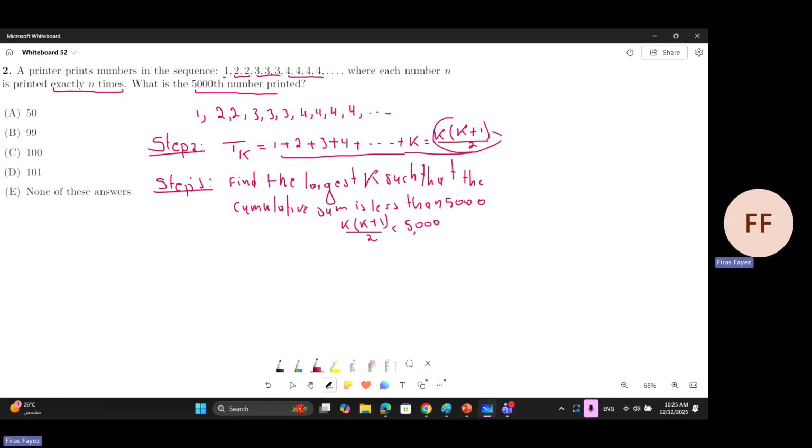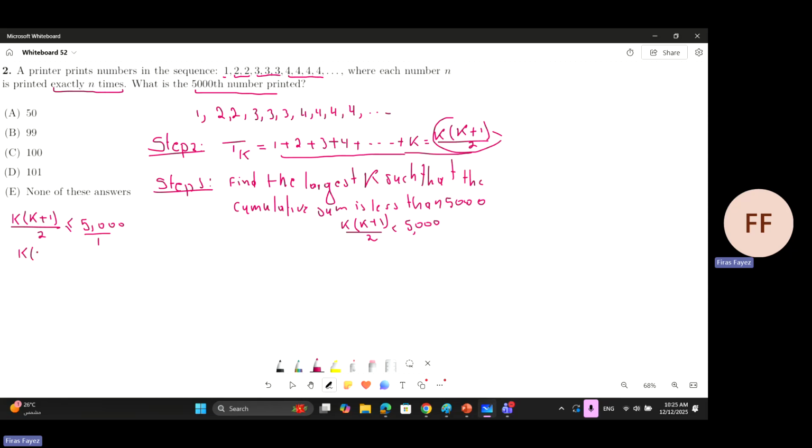Now solving for k. So we have k times (k plus 1) over 2 less than or equal to 5,000. How can this be solved for k? Cross multiplication, multiply the means and the extremes.